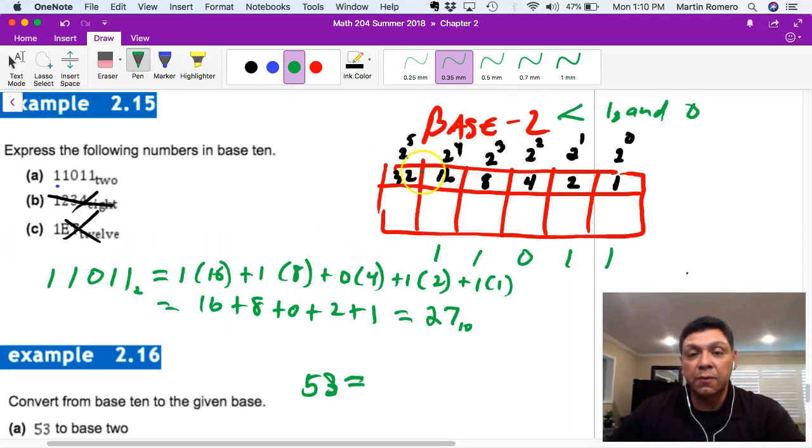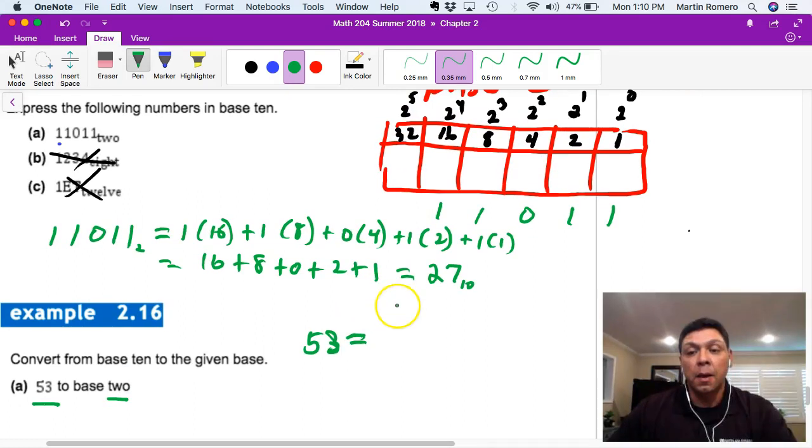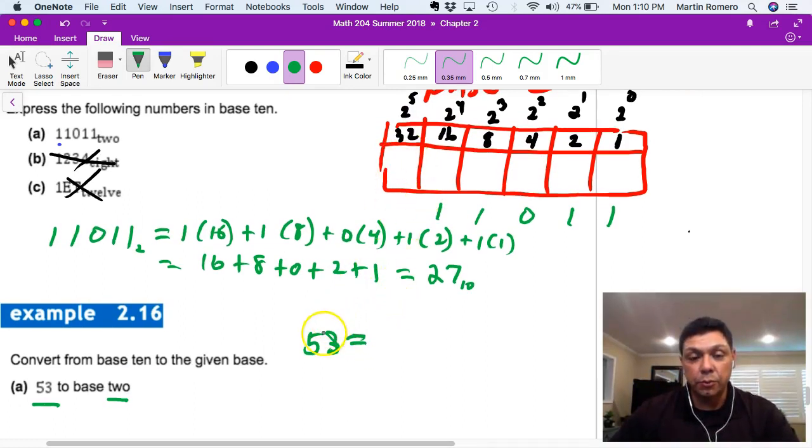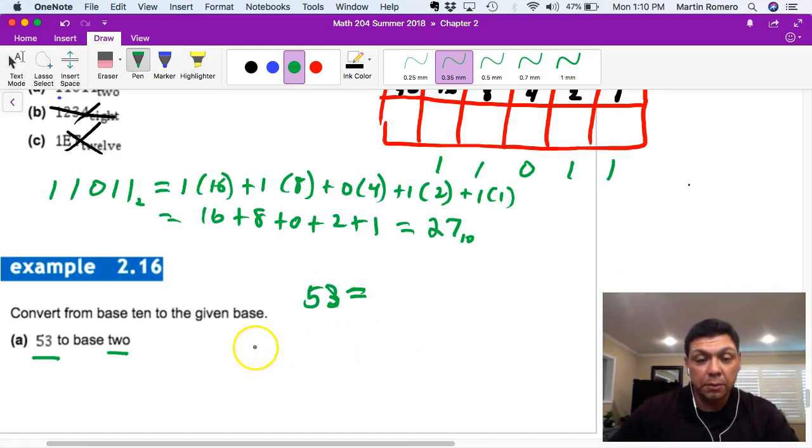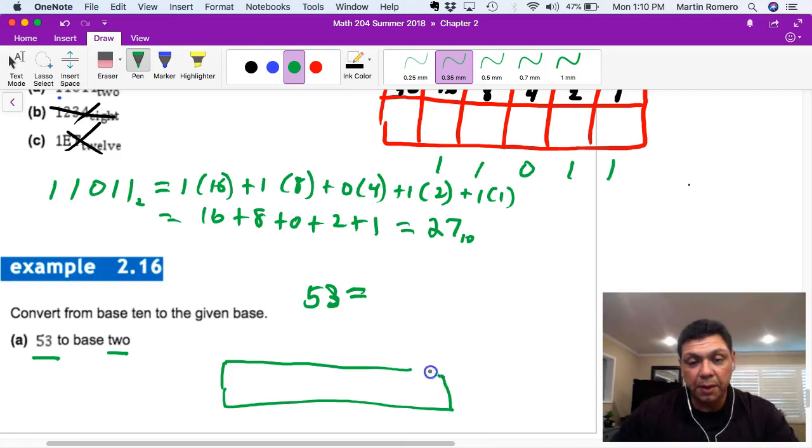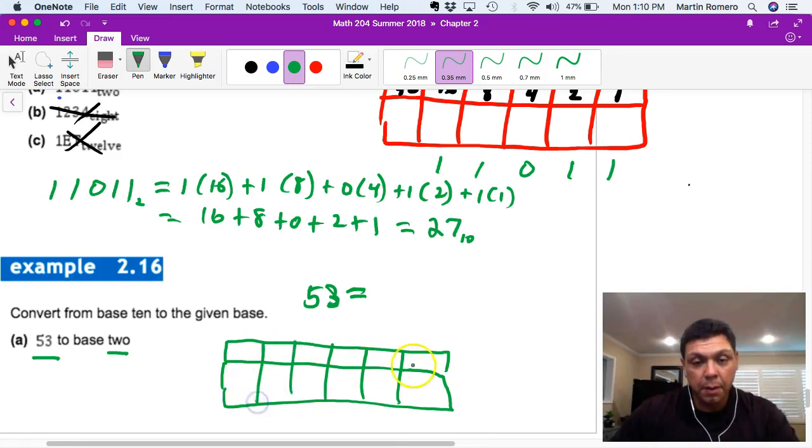And so we kind of have to visualize it and think about how many 32s go into 53. And so when I think about what that would be, I would then have a place value system here. Let's put this so we can actually see them. Again, it's the 1's place, 2, 4, 8, 16, 32.